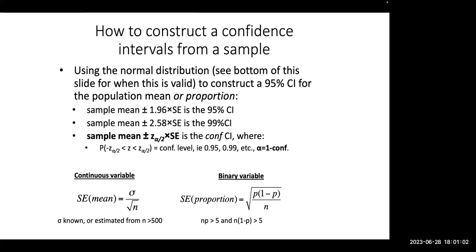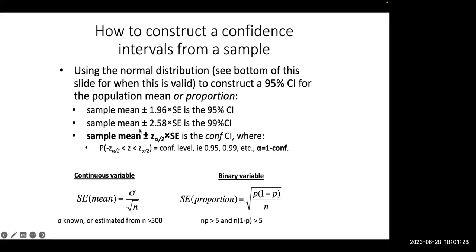And then you have the 99% CI, which is 2.5 times the standard error, plus and minus from the mean. So that gives you this confidence interval. You could hypothetically have a 73% confidence interval, and nobody can say anything against that. It's just not really insightful.